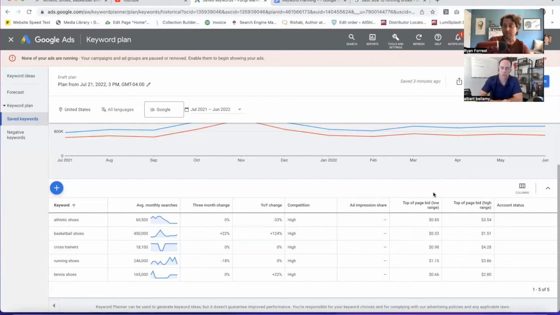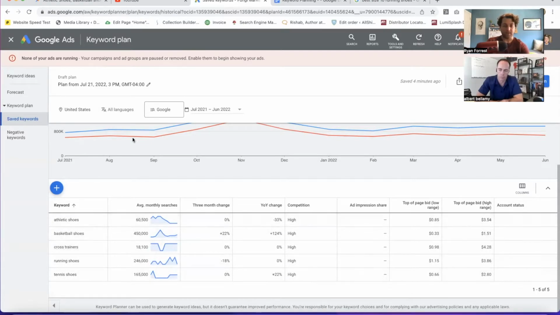Think of a lower range as a smaller city where there's not as much competition, versus a national campaign where you might be bidding $3 to $5 a click for some of these terms. But again, I think this is grossly undervalued.